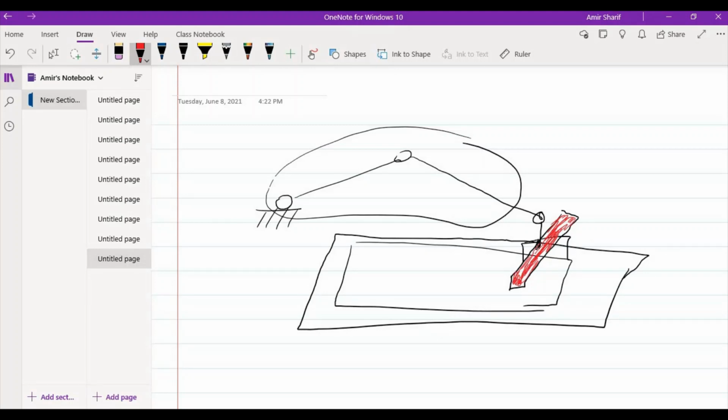So we are only concerned about this task, and because the paper is a 2D planar surface, we can describe it using x and y coordinates. You can also say that it is R squared, this Euclidean space.